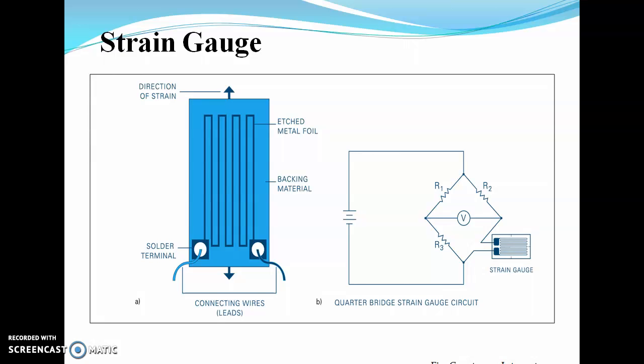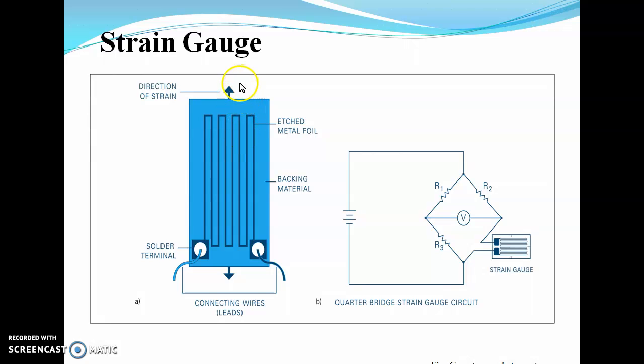So this is the figure and circuit layout for the strain gauge. Here you can see these are the two terminals of the strain gauge. This is the backing material and this is each metal coil, and this is the direction of strain.